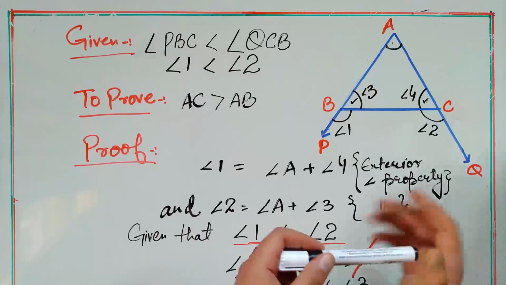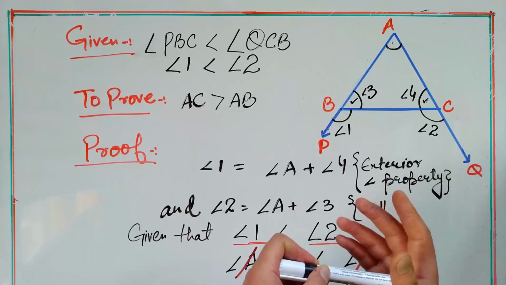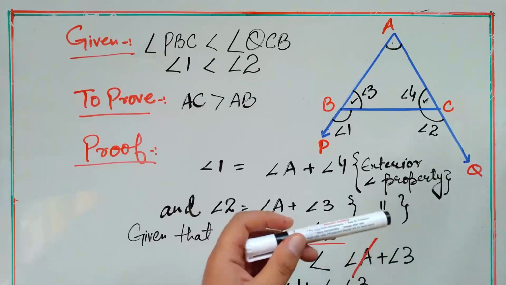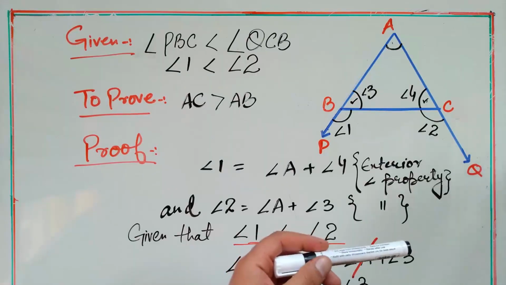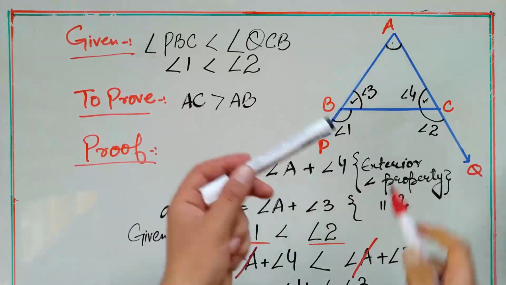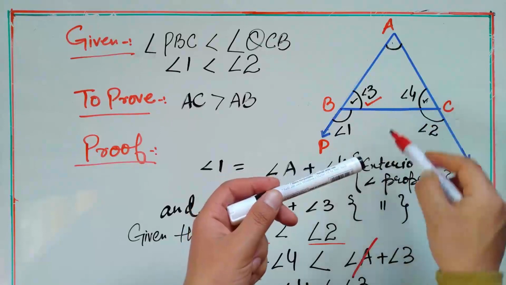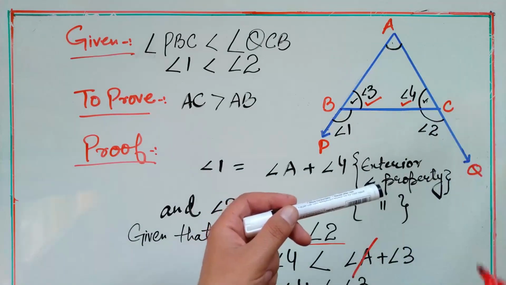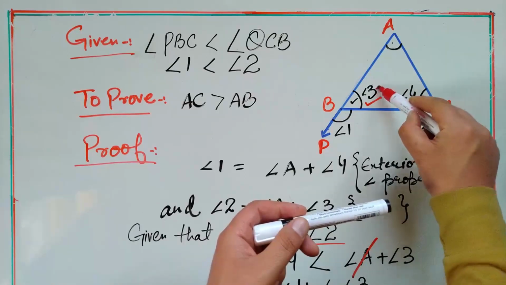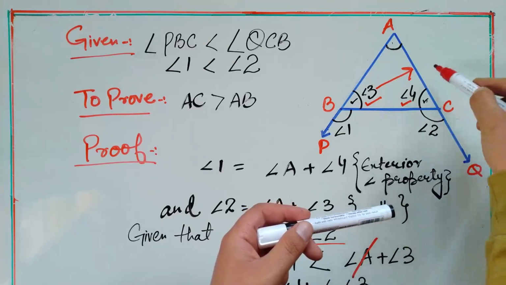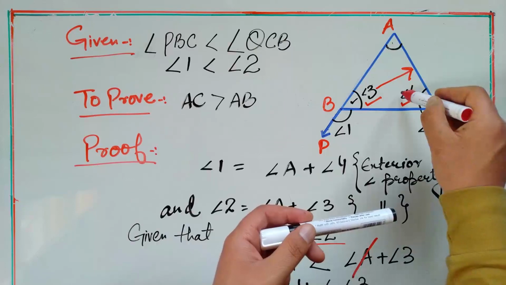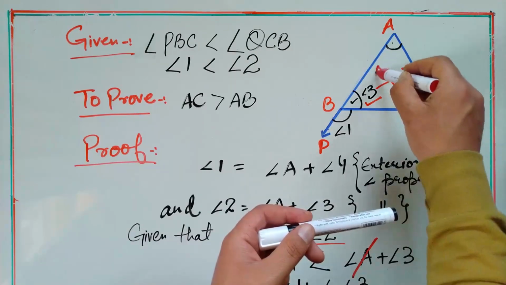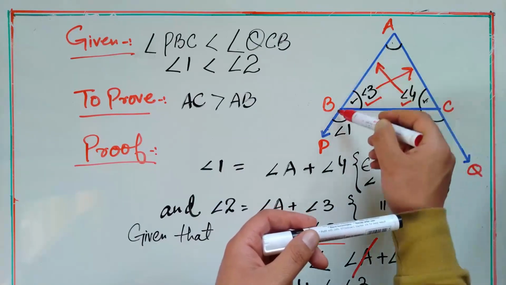Now we know, as a result put to us in terms of a theorem, that the side opposite to the larger angle is longer. If 3 is the larger angle compared to angle 4, then the side opposite to it, which is AC, will be longer than the side opposite to angle 4, which is AB.